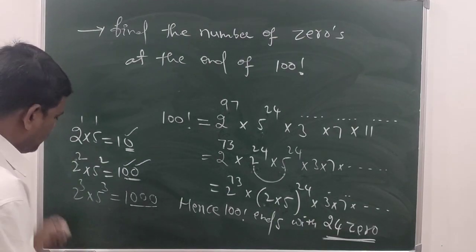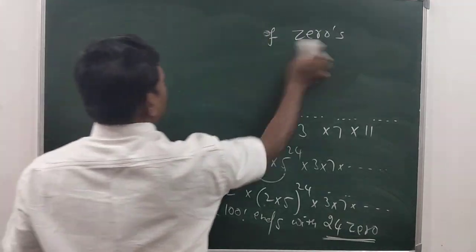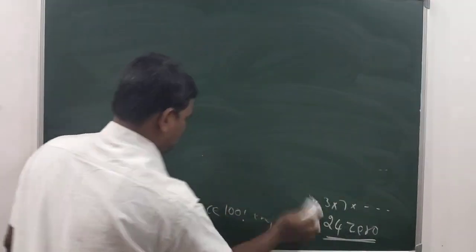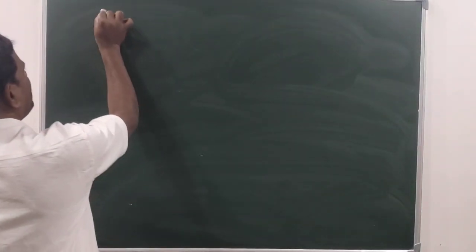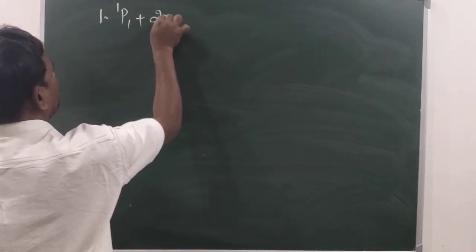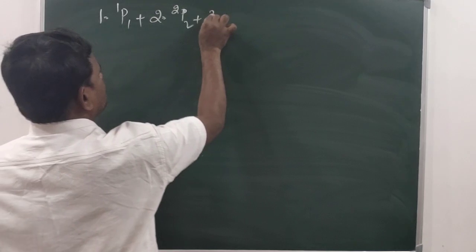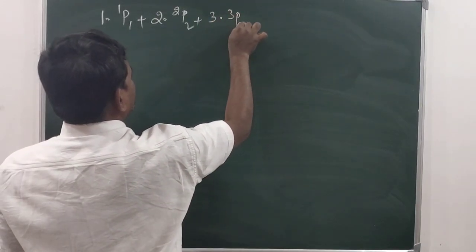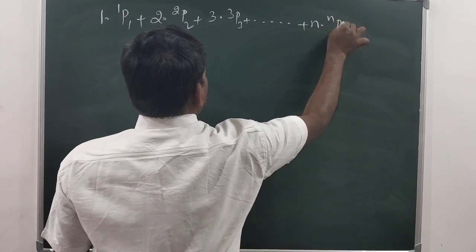Right. Now let us go to one more application based on the factorial of a natural number. See, let us see that. 1 into 1P1, 2 into 2P2, 3 into 3P3 and so on, n into nPn.